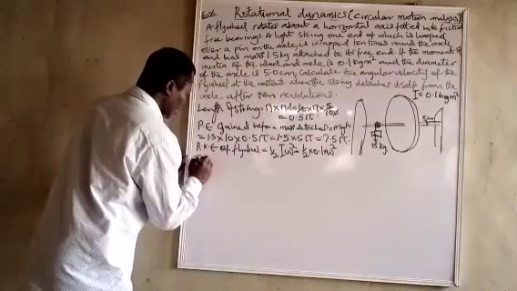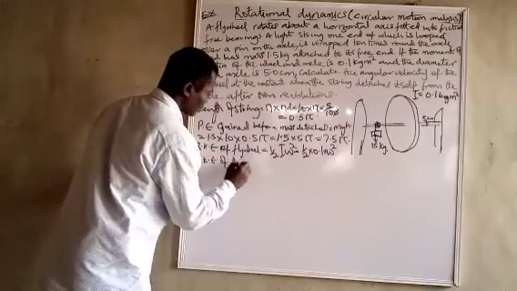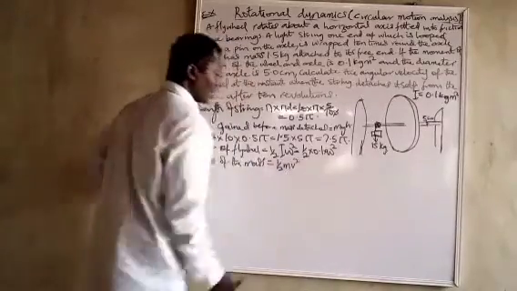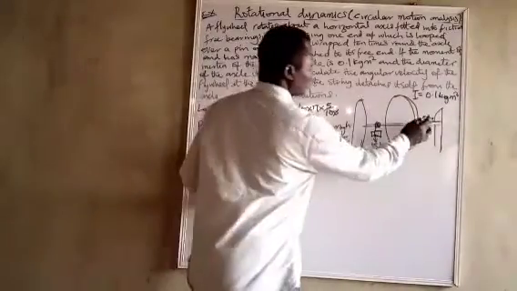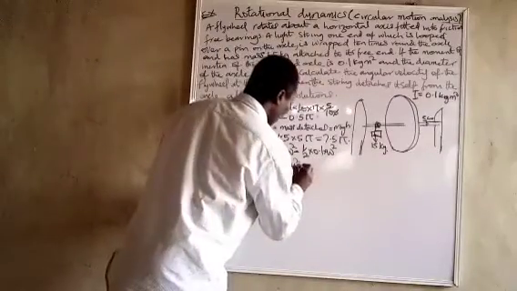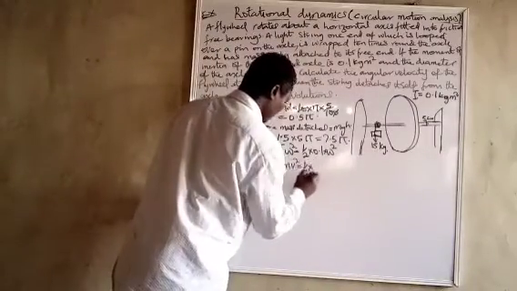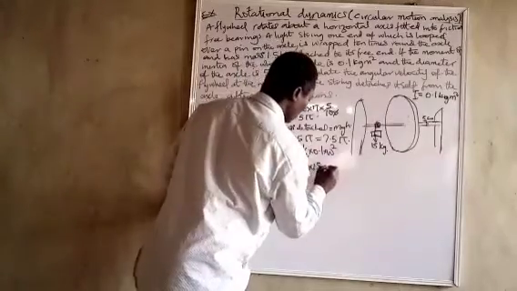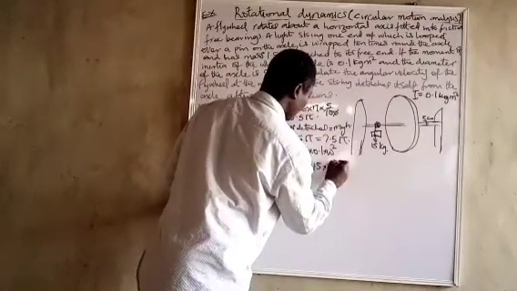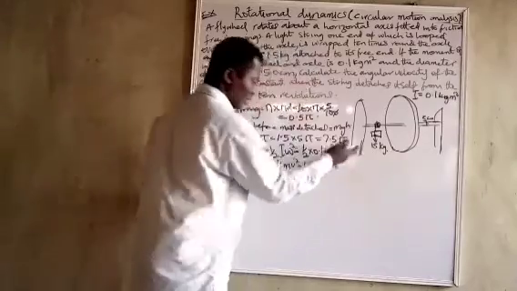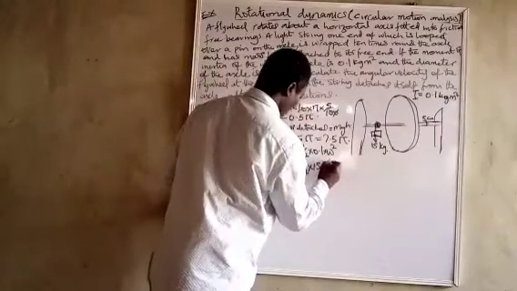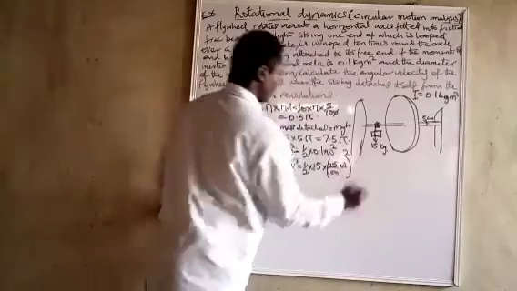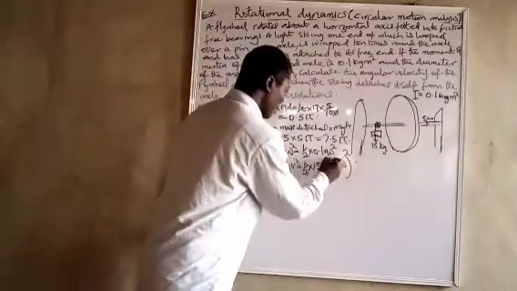Now, translational kinetic energy of the mass before it falls off is going to be half m v squared, and we know our v is the radius times angular velocity. So I'm going to have half times 1.5, times the radius, 2.5 divided by 100, times omega, all squared. So everything here is squared.